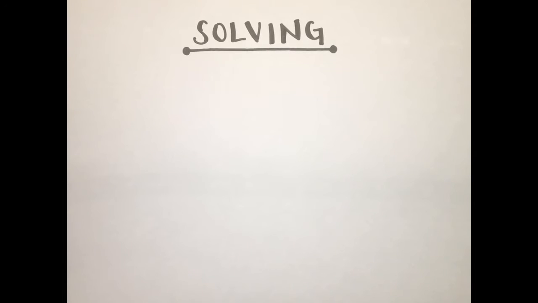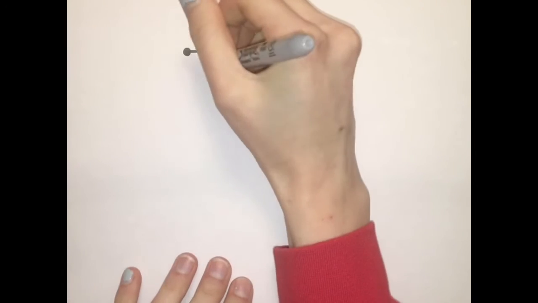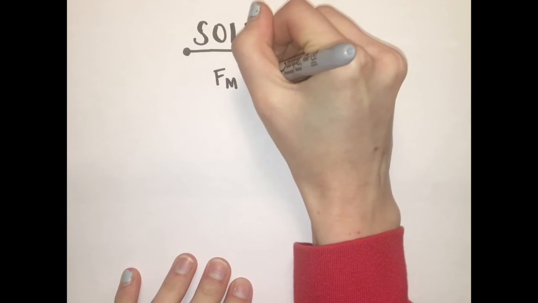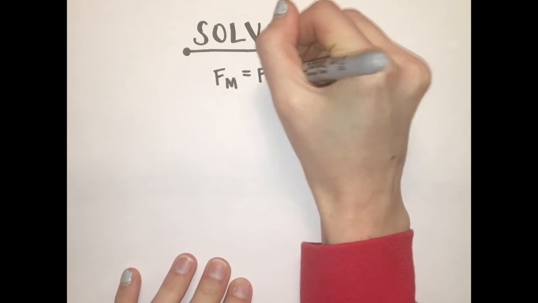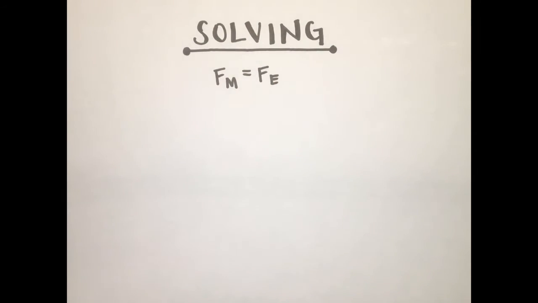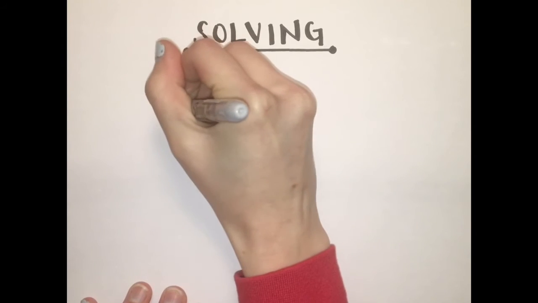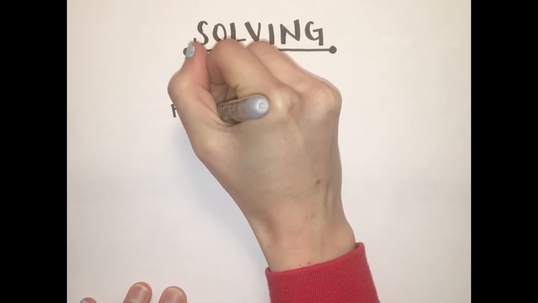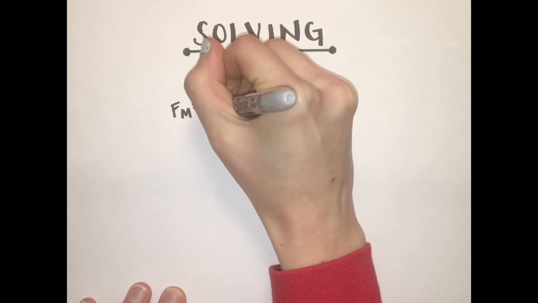We can solve for the Hall EMF of specific situations using the magnetic force and electric force equations. We know that once the forces even out, the magnetic force will equal the electric force. We know that magnetic force is equal to charge times velocity times the magnetic field.